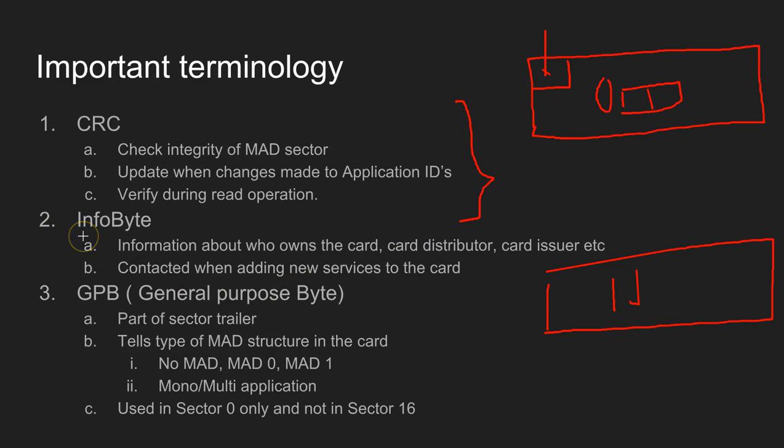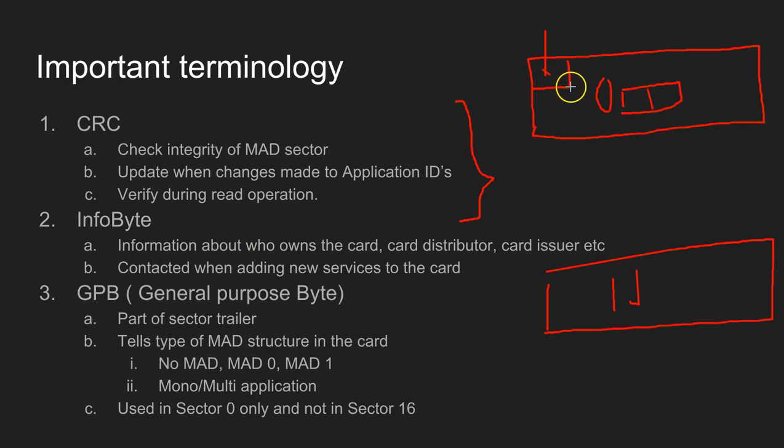There is also a byte called Infobyte. This byte is used to get the information about who the card distributor or the card issuer is. Again, all these are part of the standard, so there's no rule that says a card must always have the info byte.